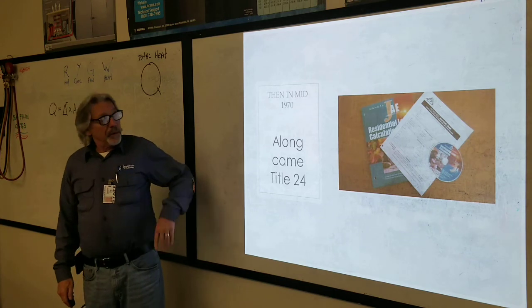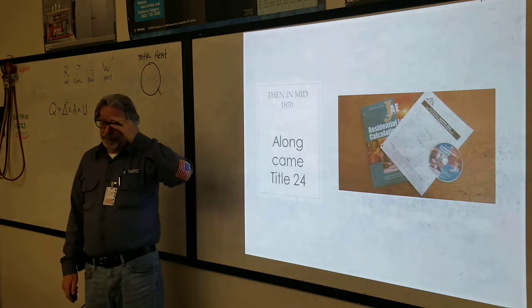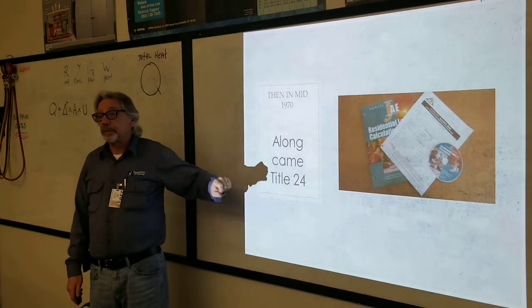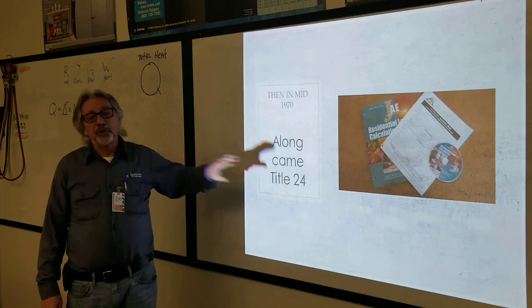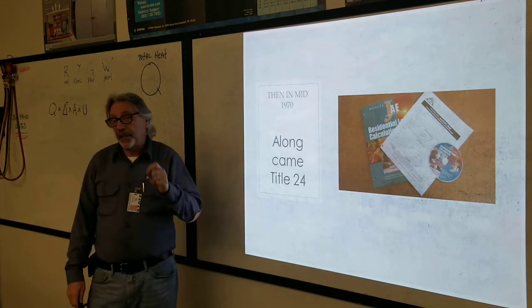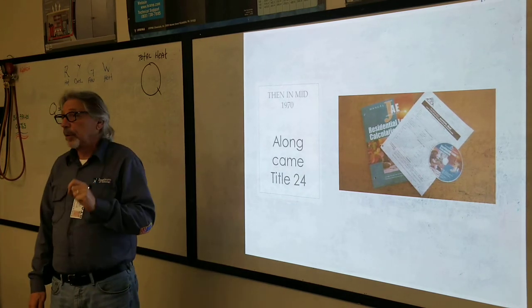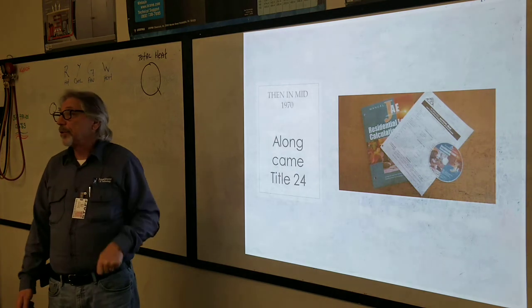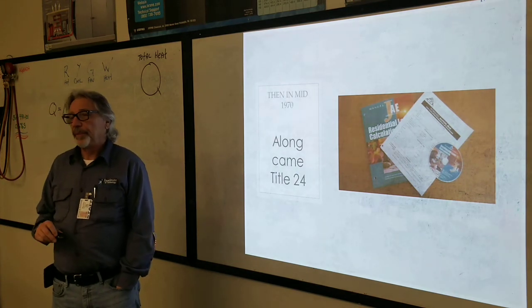So from 1975 or so, our industry changed. Title 24 came along, they changed building codes, they changed air conditioning specifications, and they started making air conditioning units energy efficient, and making homes with insulation.